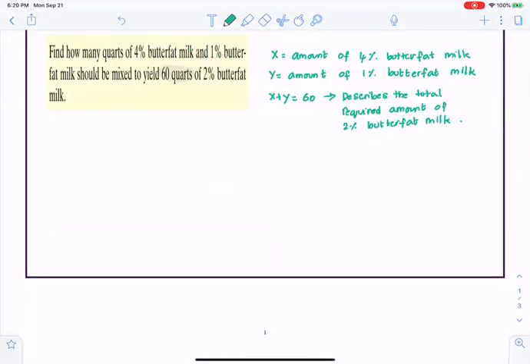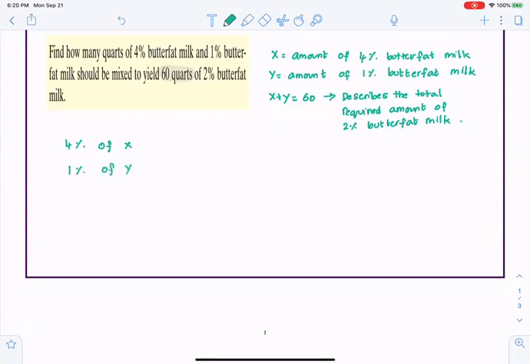The second is for the percent. So 4% of x is going to give us a certain percent of butterfat milk. So we have 4% of x, and we also have 1% of y.